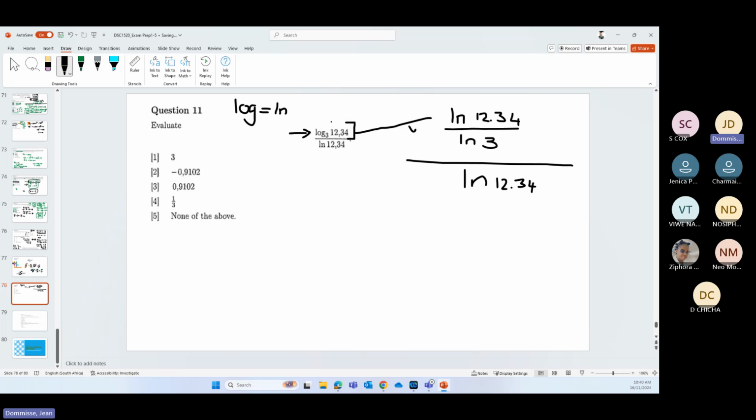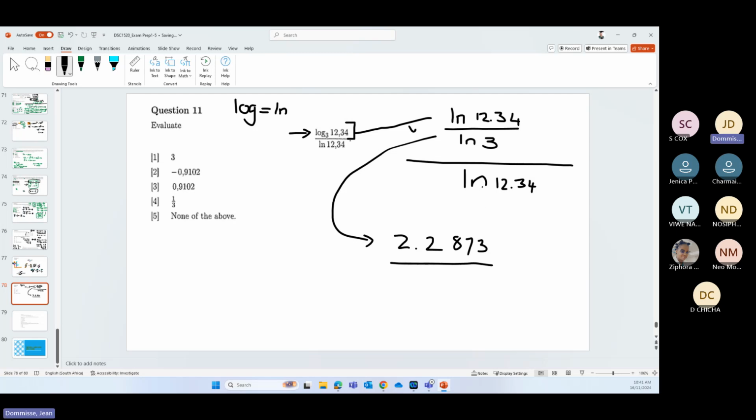So let's work it out. The guys that have the nice calculator where you can put in log base 3 of 12.34, tell me if my answer and yours is the same. 12.34 ln divided by 3 ln, which is, so I get at the top 2.5128. So please let me know if you do that on your calculator, if you're getting the same thing.